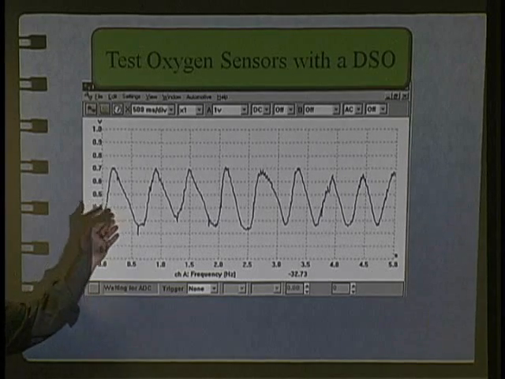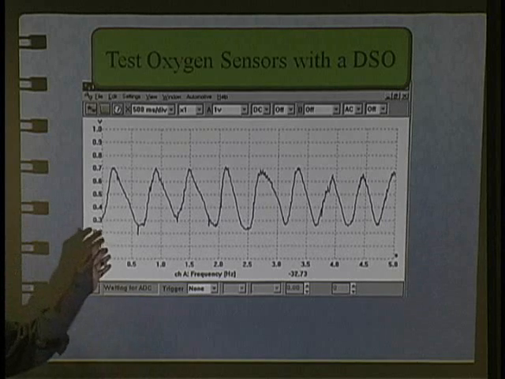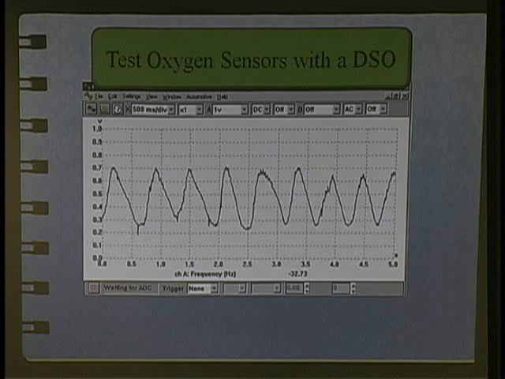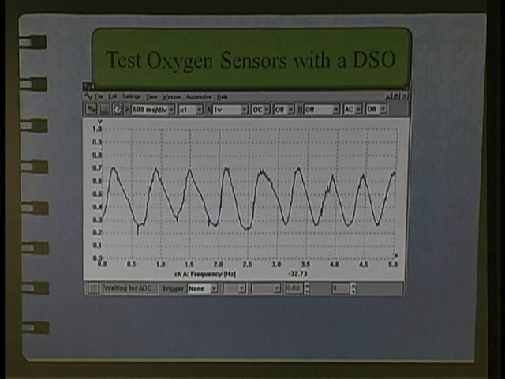Now, if you had this oxygen sensor on your car in your bay tomorrow, what would you do? You know what you do. Say it. You'd tweak the throttle. You'd rev it up a little bit.